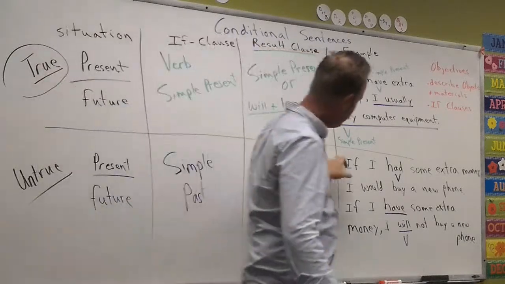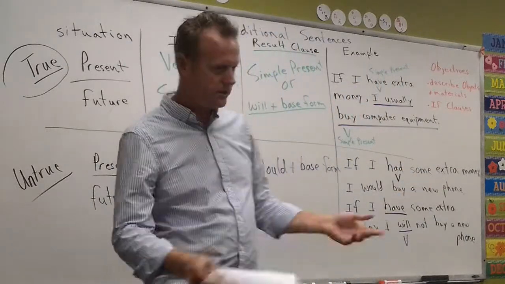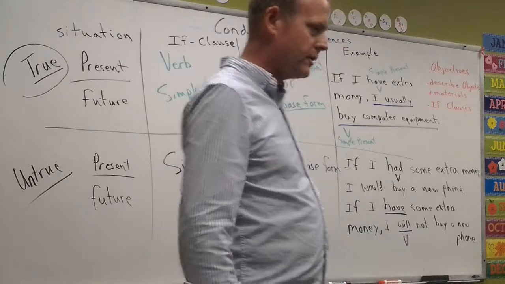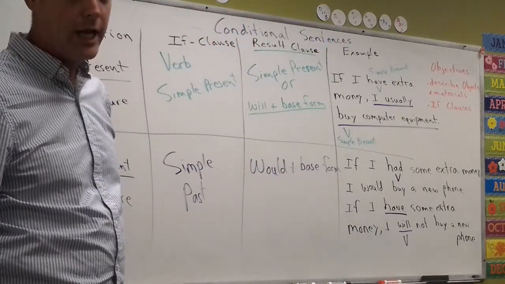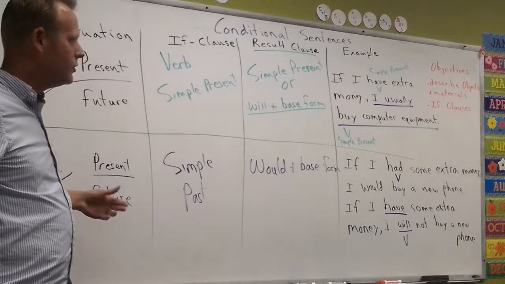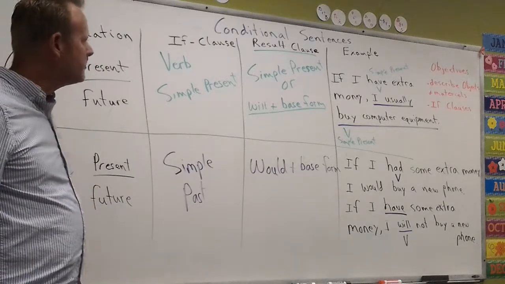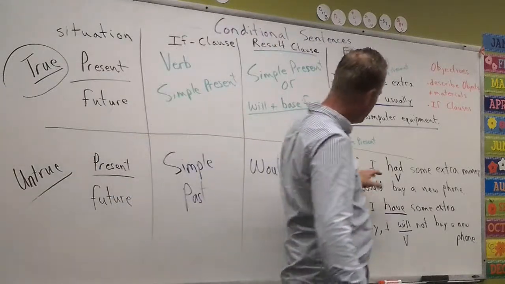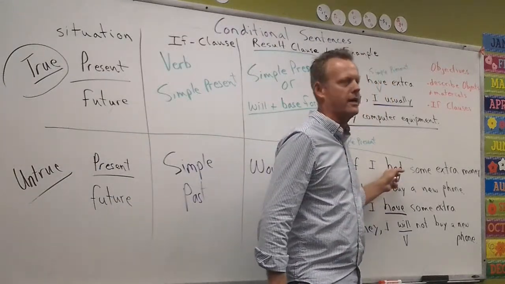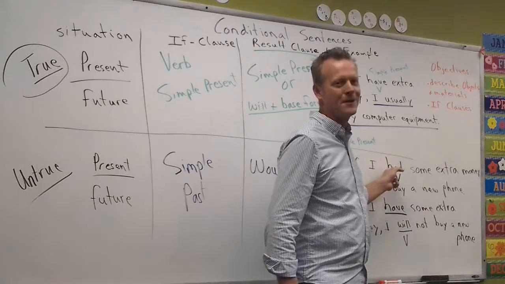Now, if I had some extra money, of course, the truth is you never had any in the past. See that? Well, it's untrue in the present or future. What this does is we use the past tense to talk about unreal situations in the present.